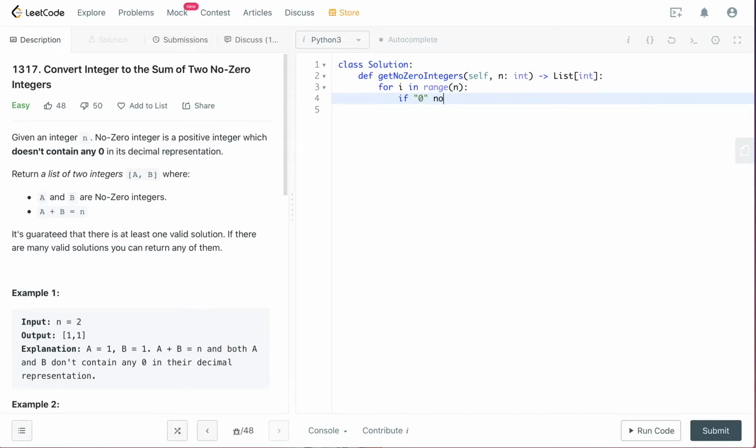It's not in i, or not in n minus i. If both of them are non-zero integers, we'll just return them as a list.